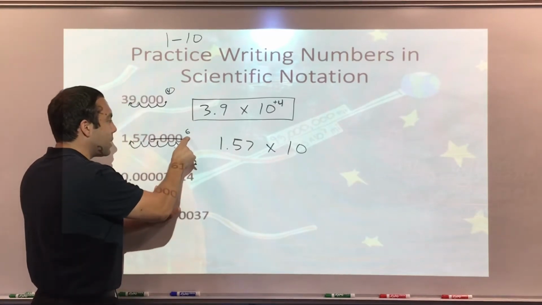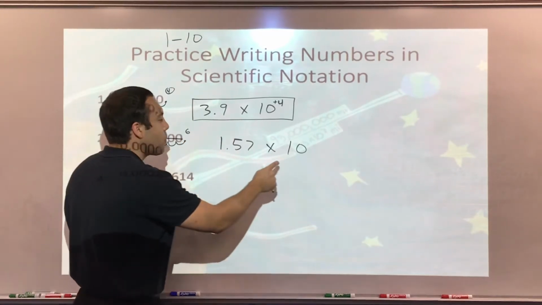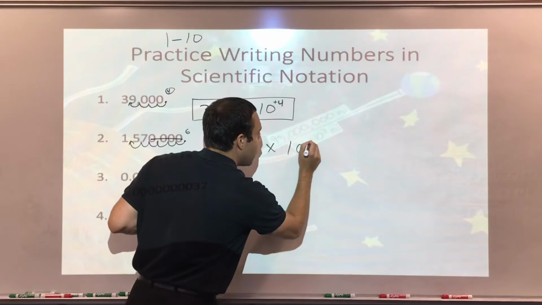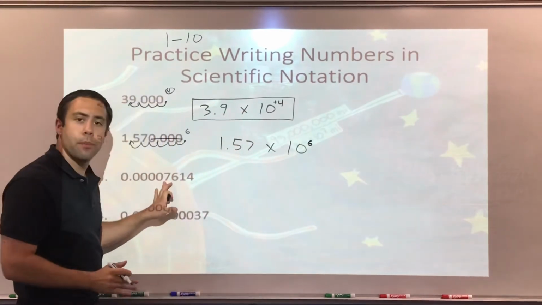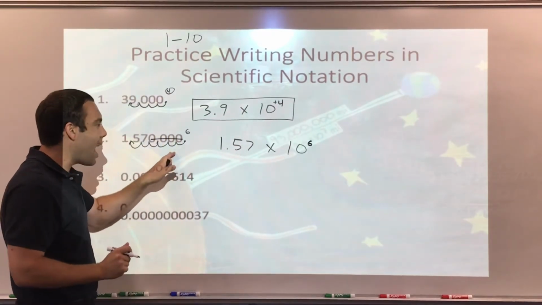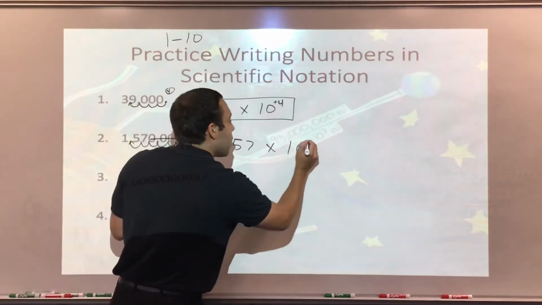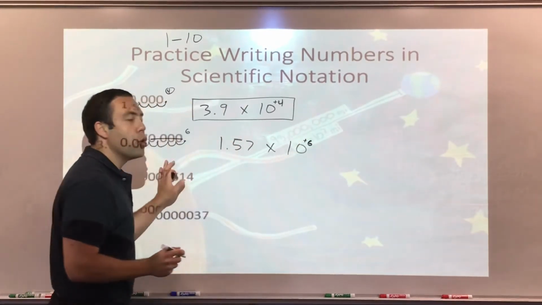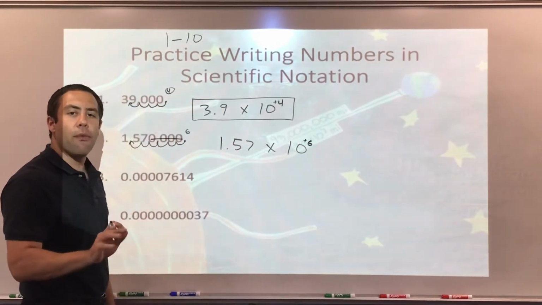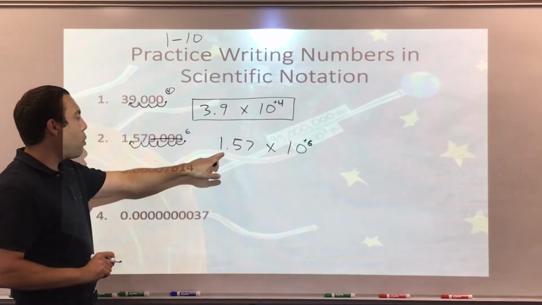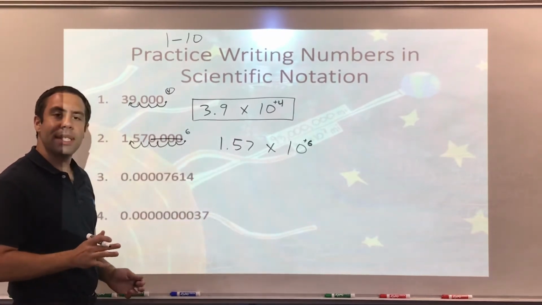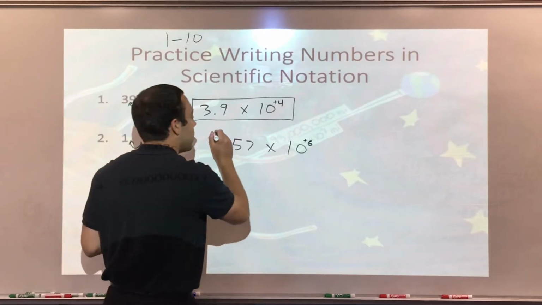Since we moved the decimal point over 6 times, we raise the 10 to the 6th power. Once again, we move it to the left, so the 6 will be positive. Our final answer, 1.57 times 10 to the positive 6.